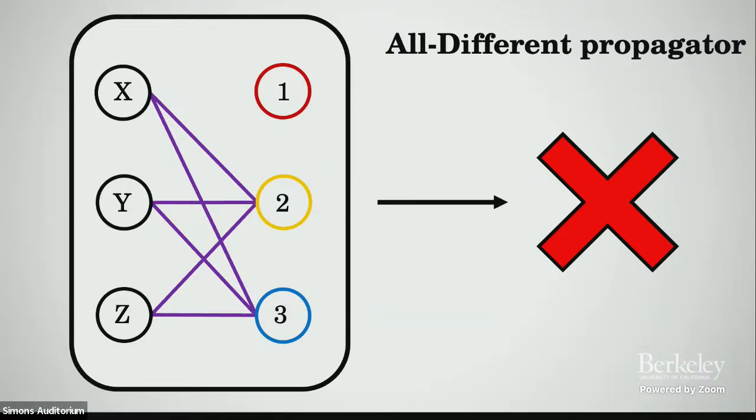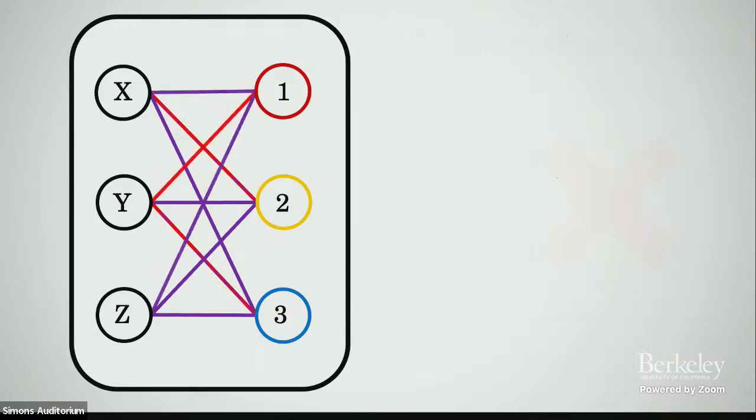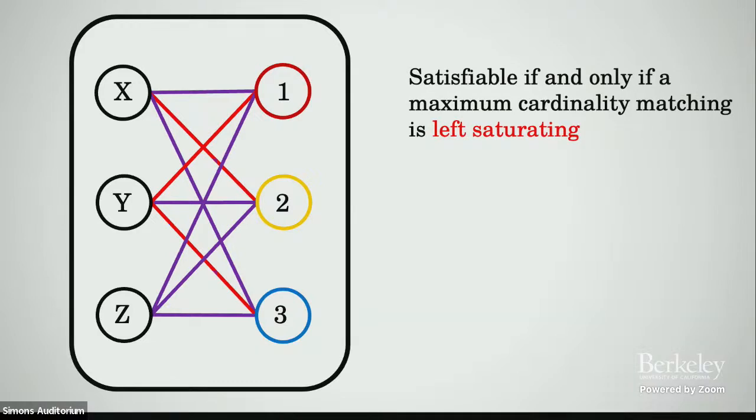We're going to have to add some extra steps so that that contradiction remains valid when we have that series of guesses. So we're going to have to take a look at what the all different propagator actually does and then see what steps we can log as a result of that in order to get our valid reasoning. So you'll remember from yesterday, the all different constraint is satisfiable if and only if a maximum cardinality matching is left saturating.